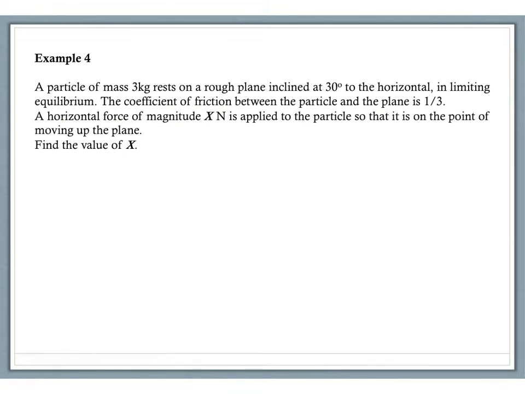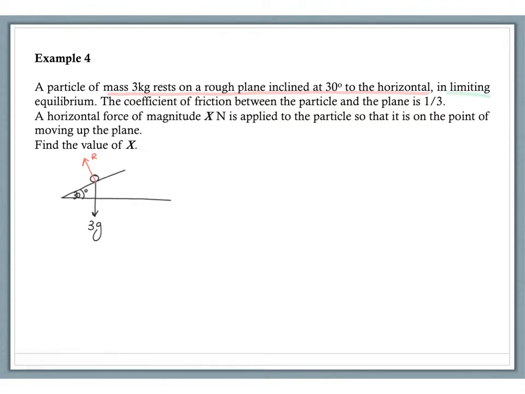Example 4. A particle of mass 3 kilograms rests on a rough plane inclined at 30 degrees to the horizontal. So here's our horizontal, here's our particle, which has a weight of 3g, and the angle of inclination of the slope is 30 degrees. And immediately we'll put in a normal reaction as well.